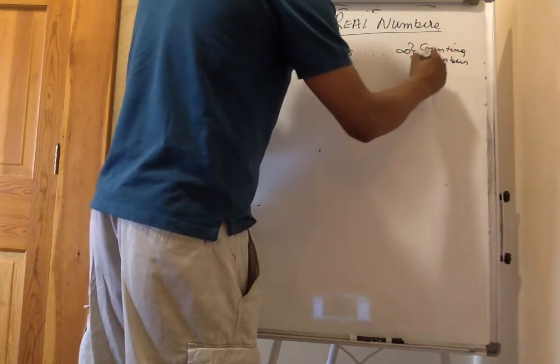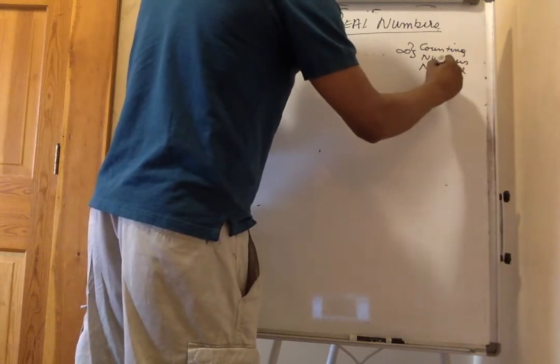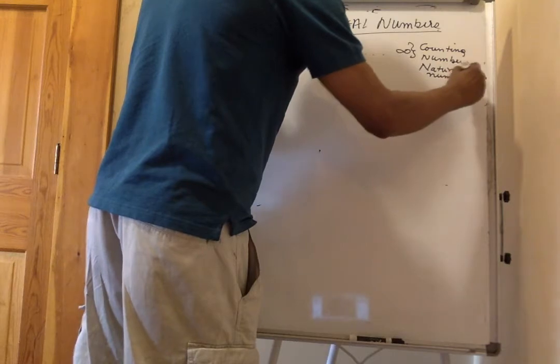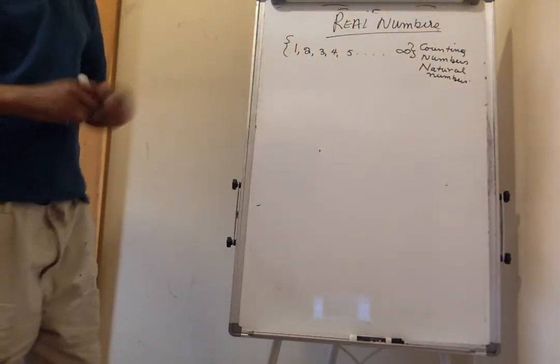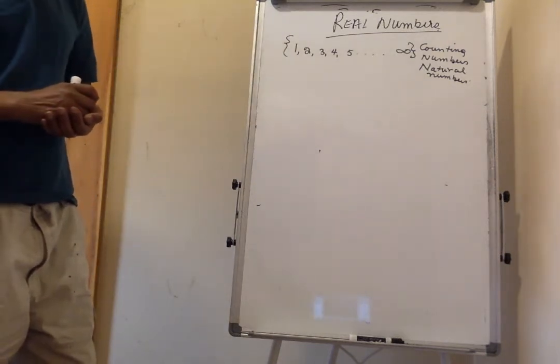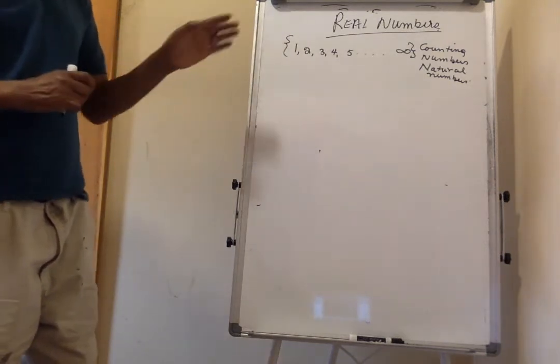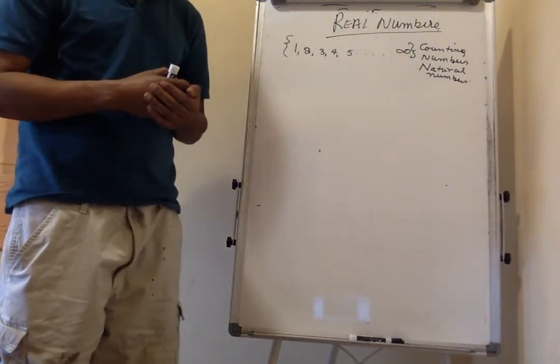Or you can also say natural numbers. So if in case you see a counting number or a natural number, it is a number that starts from 1 and goes up to infinity. Okay. This is the smallest set in our real numbers.